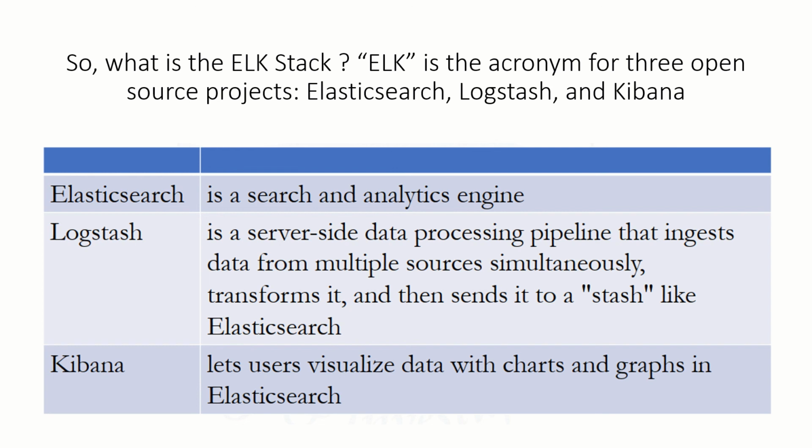The Elasticsearch is what we use to do our search. It is an analytic engine, whilst the Kibana is what resides on the front end. So it visualizes our data with charts and graphs from the Elasticsearch. It's able to pull the information from the Elasticsearch for us to see.